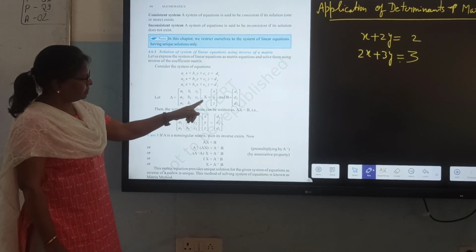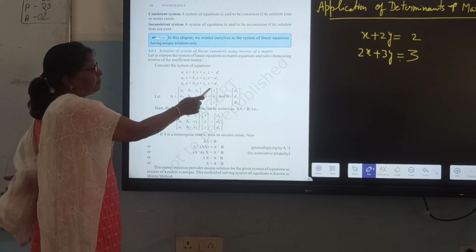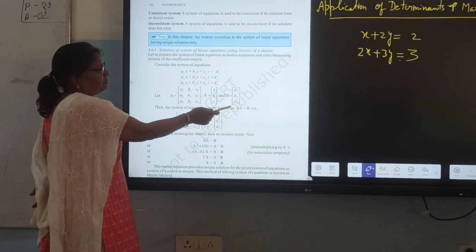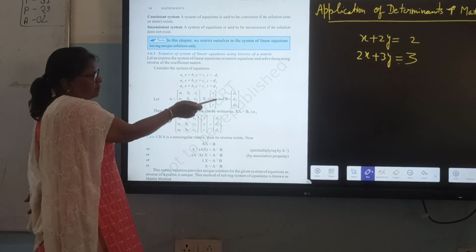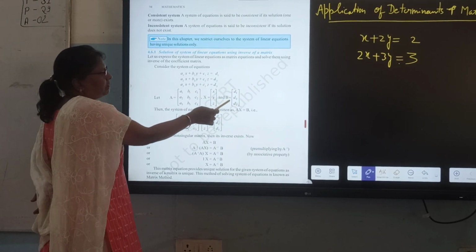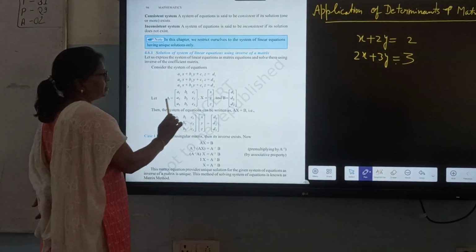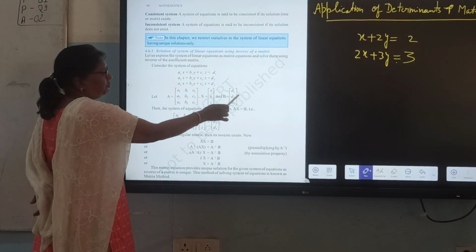Similarly, let X be the matrix of variables x, y, z, and B the matrix of the terms on the right hand side, that is d1, d2, d3. Then the system of equations can be written as AX is equal to B.